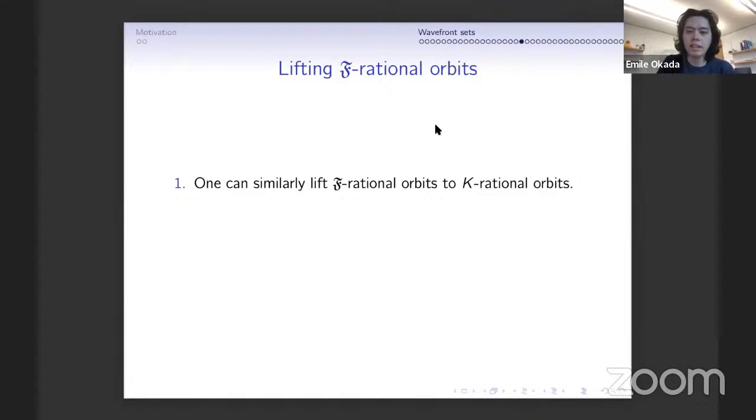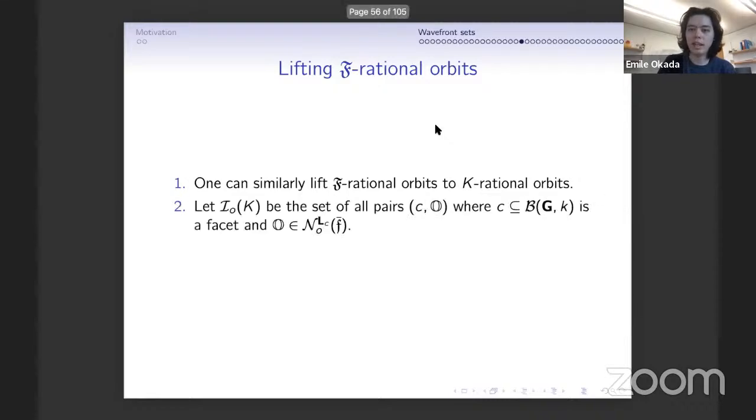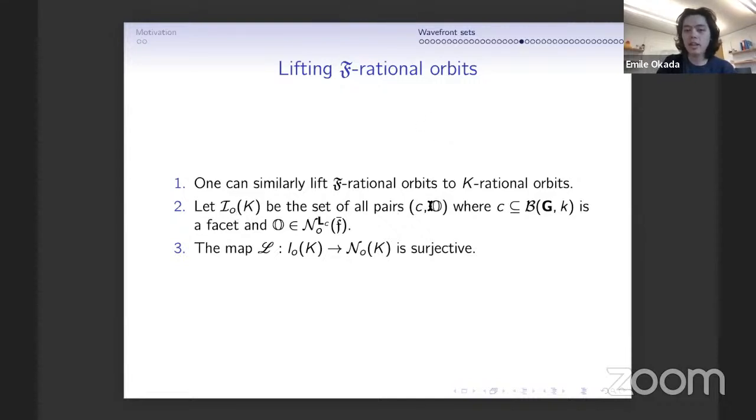You can similarly just lift F bar rational orbits to unramified orbits. And it's precisely the same procedure. So we define this lifting operation from pairs (C, O), where O is now a geometric orbit of the reductive quotient. And this gives us a map to unramified orbits.